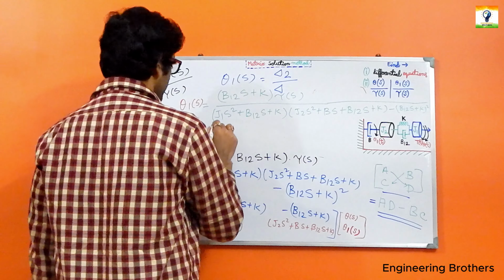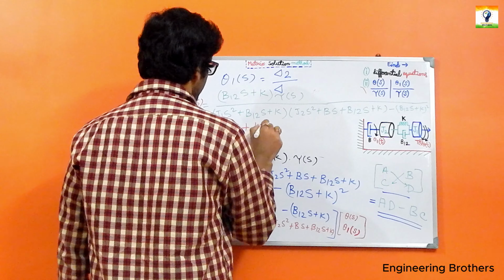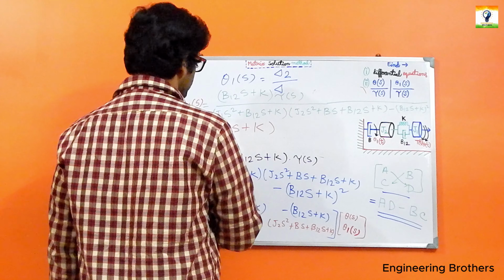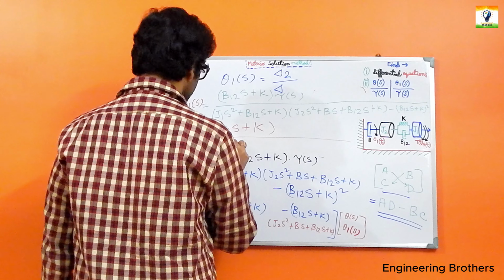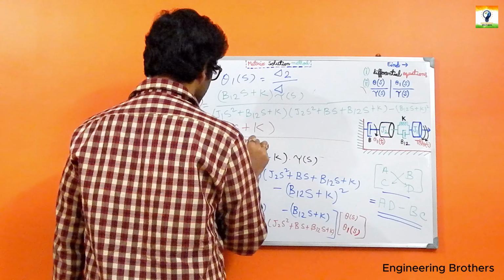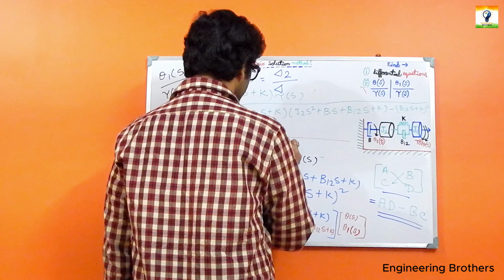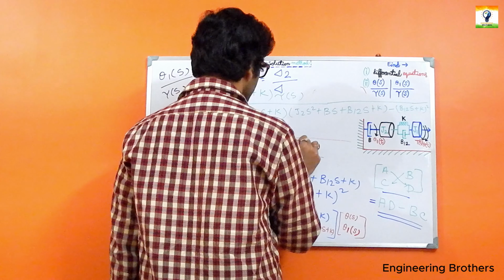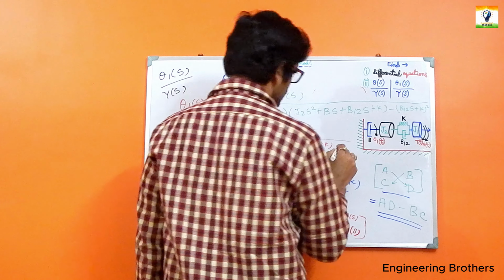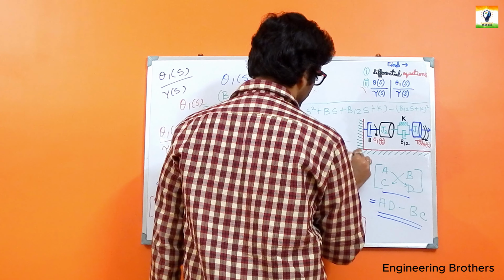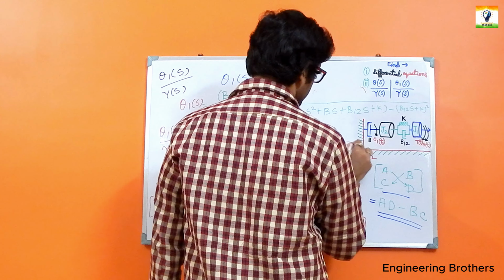That leads to the final answer, the main destination point for our transfer function, which is b12s plus k divided by this whole factor, which is j1s squared plus b12s plus k multiplied with our j2s squared plus bs plus b12s plus k, minus b12s plus k, that is ultimately in squared format.